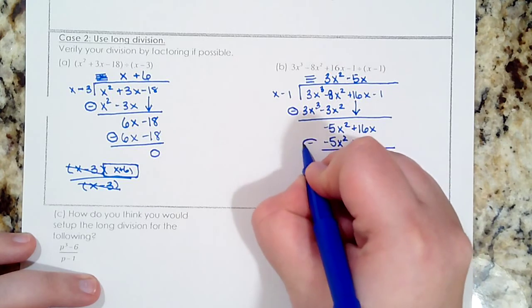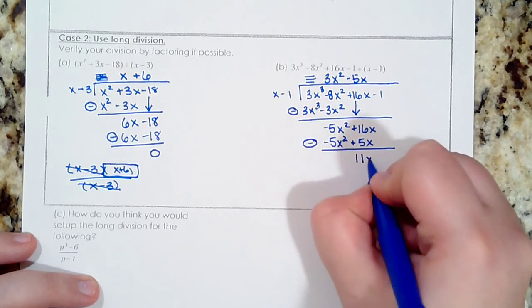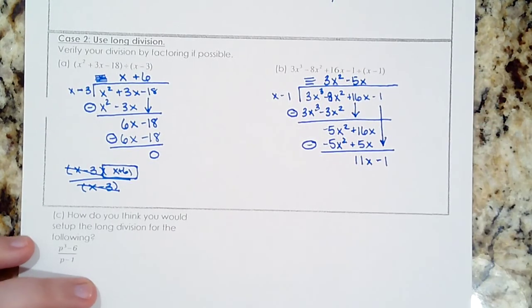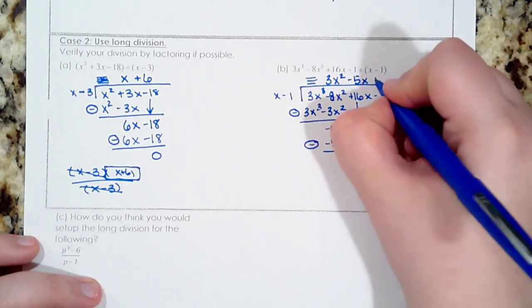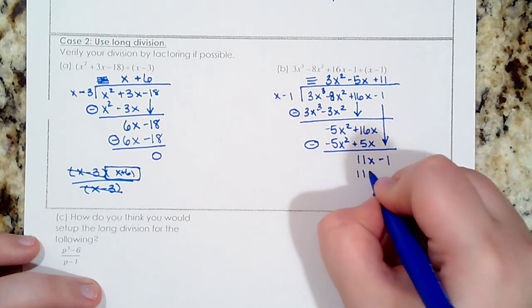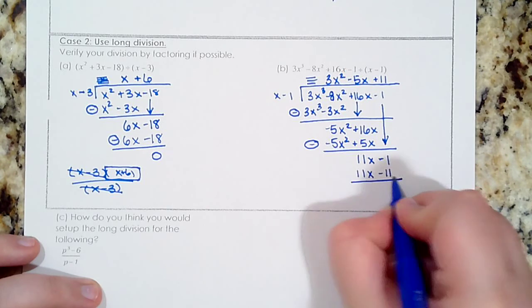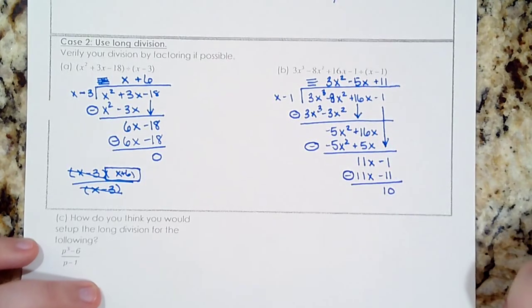Per usual, you are subtracting. So 16 minus 5 is 11x. We're going to bring that negative 1 all the way down. It goes in positive 11 times. It's 11x negative 11. Subtract. We get positive 10.